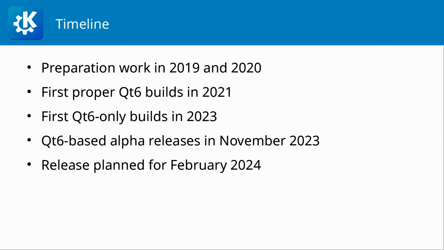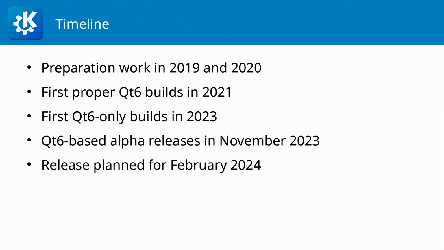So, what has happened since then? During 2019 and 2020, we did a lot of preparation work, improving our own APIs, preparing to deprecate some old API, and generally ported away from deprecated Qt API. Then in late 2020, Qt6 was actually released.